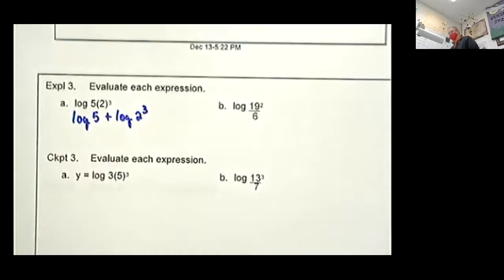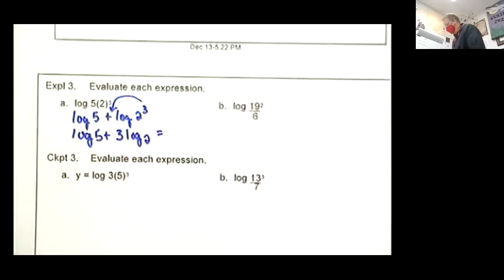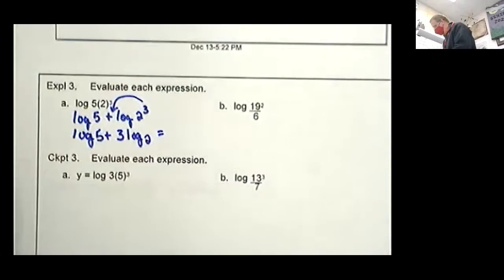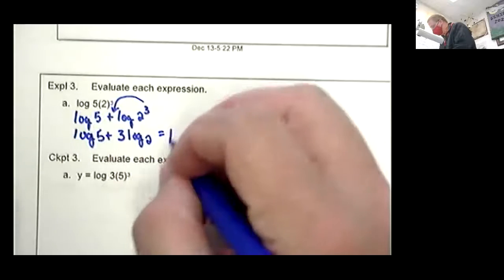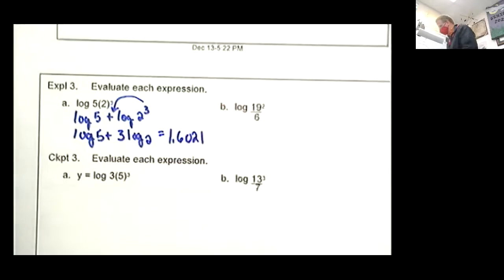We also had a property that said if we have an argument to an exponent, that exponent comes out in front as a coefficient. So this is log of 5 plus 3 log of 2. Then we can put that on our calculator using the log function, and we get 1.6021.